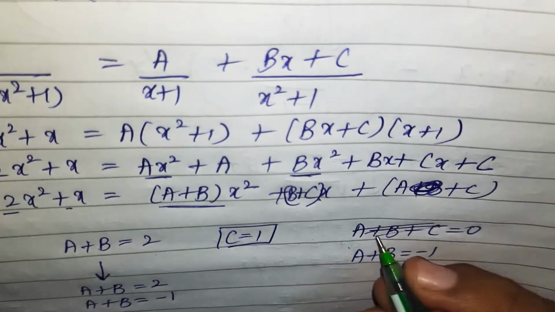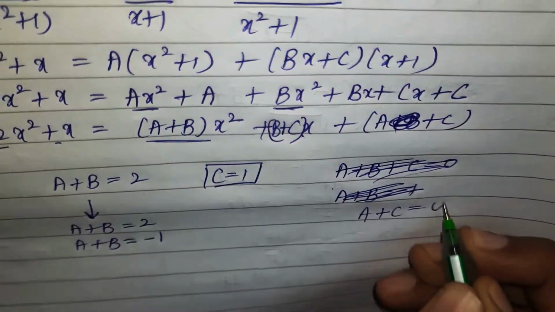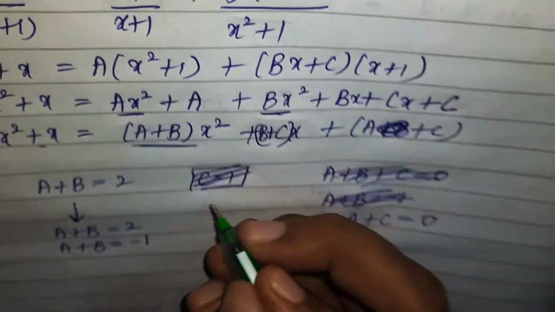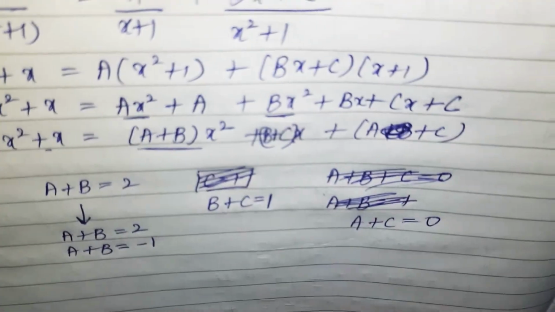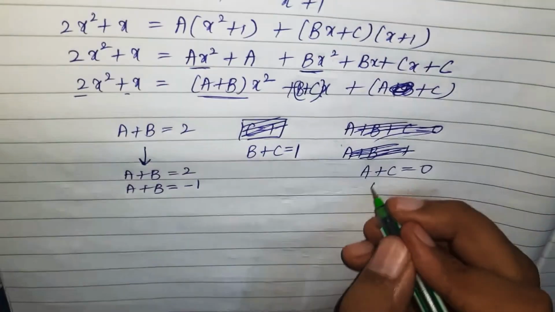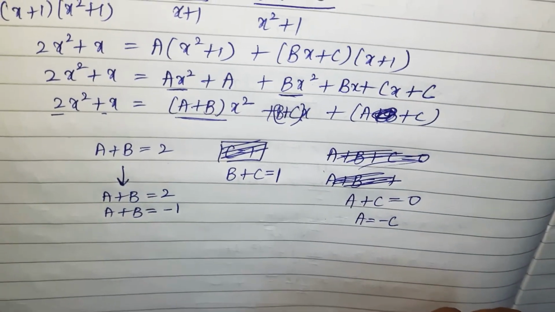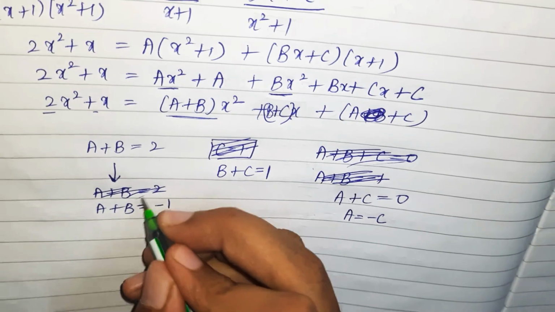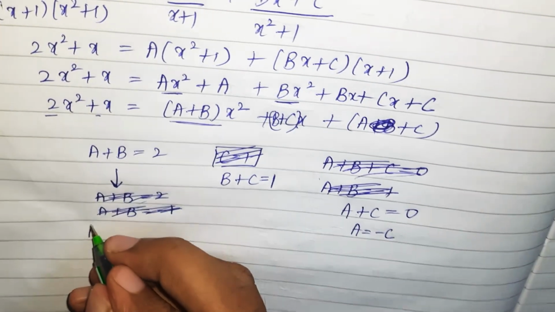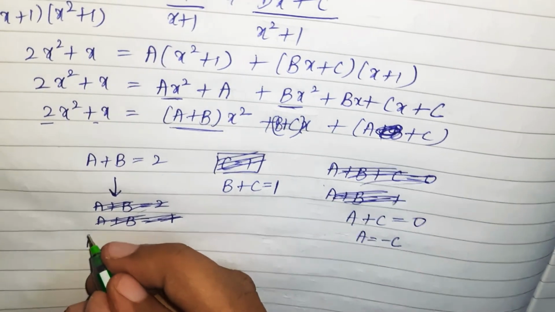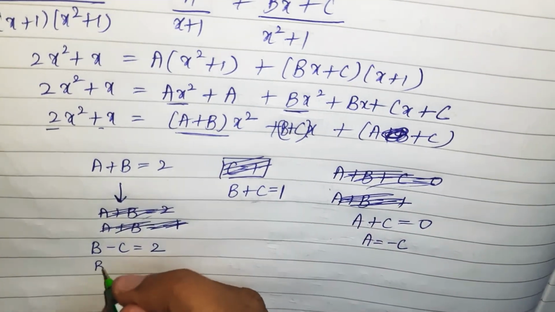So a plus c is 0 and b plus c is 1. From here a is minus c. Substituting in a plus b equals 2, b minus c is equivalent to 2. Now solve these two equations.